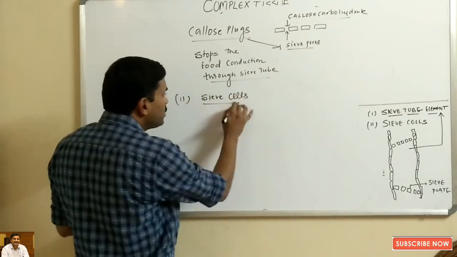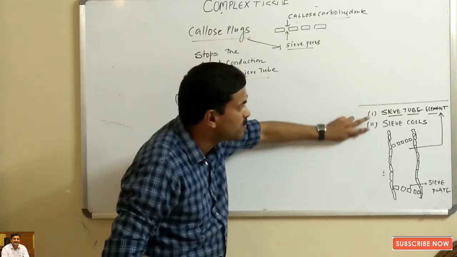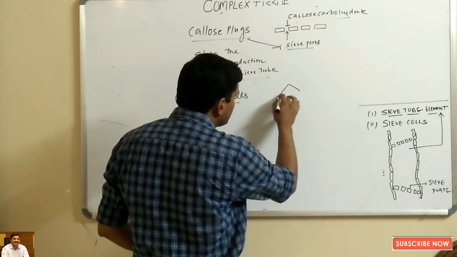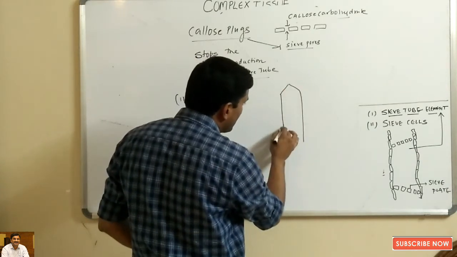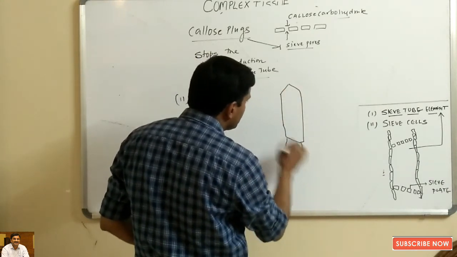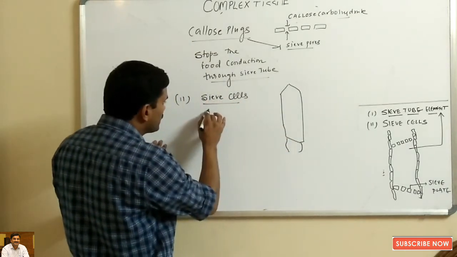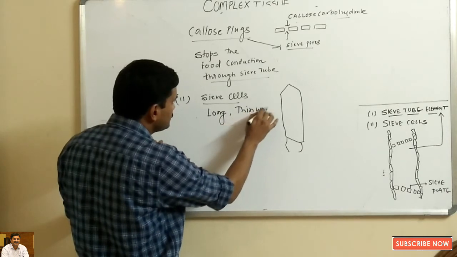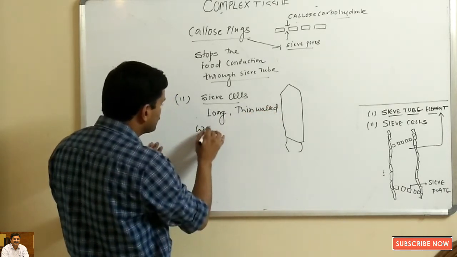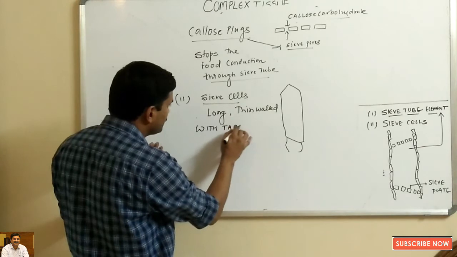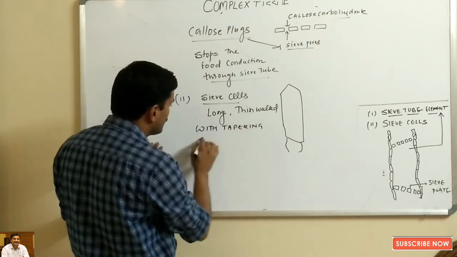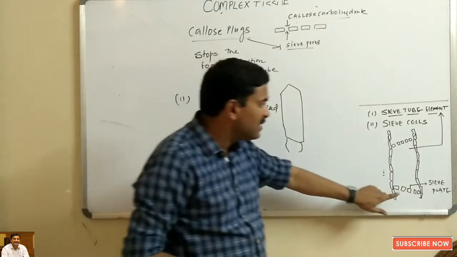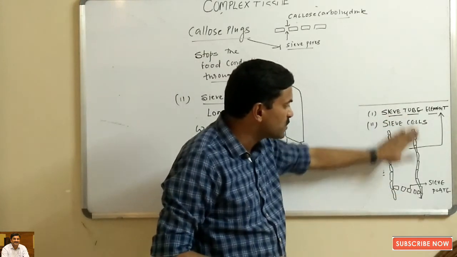Now coming to the second one, that is known as the sieve cells. Have a look at the difference between sieve tubes and sieve cells. Sieve cells are of this type of cells. They are long, thin walled, with tapering ends, and they are not specialized like the sieve tubes, which had sieve plates.